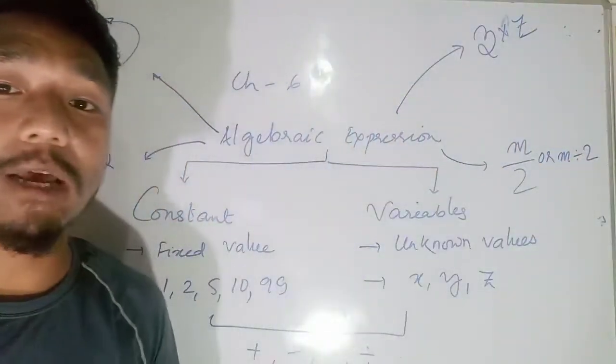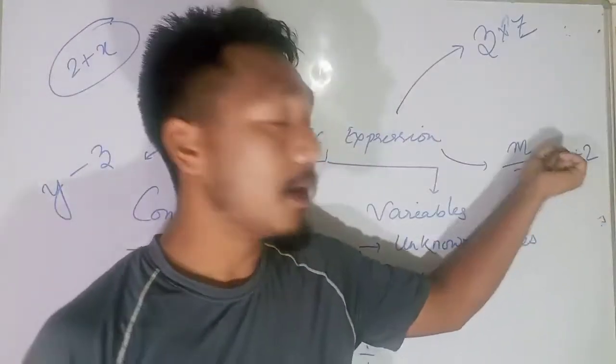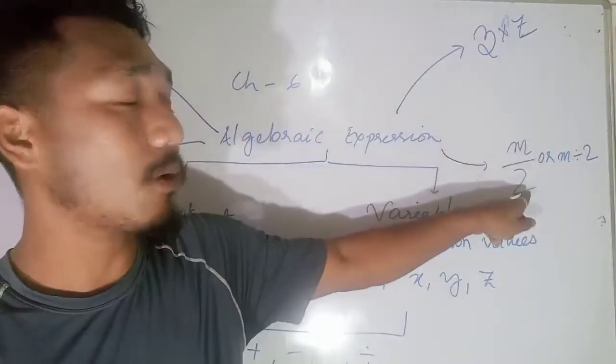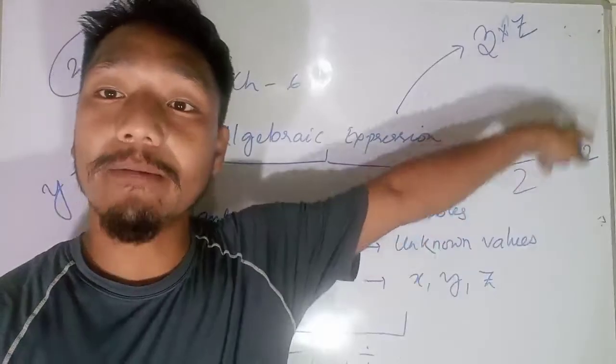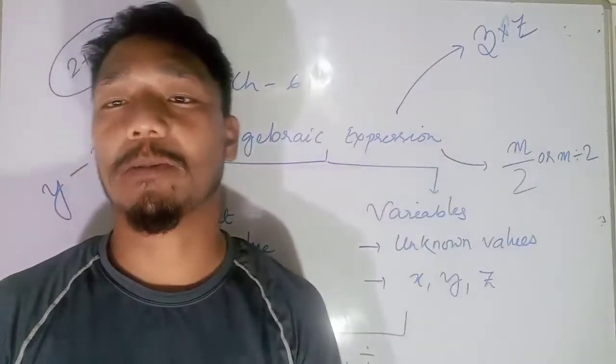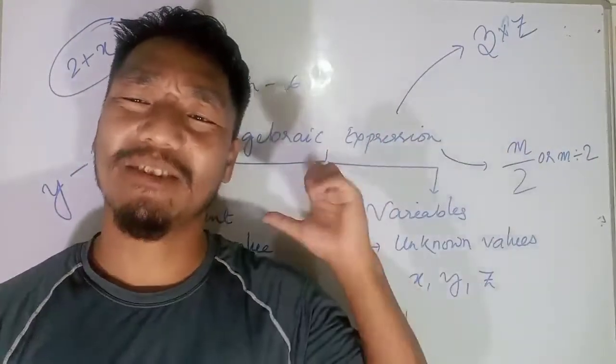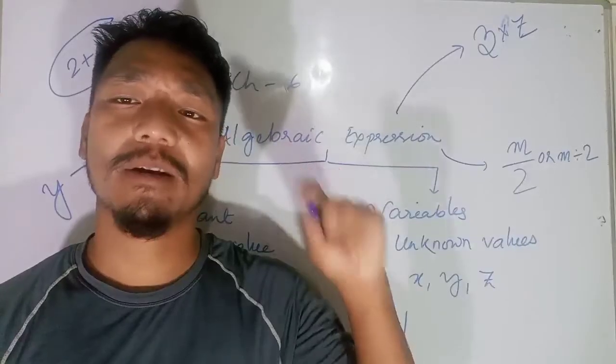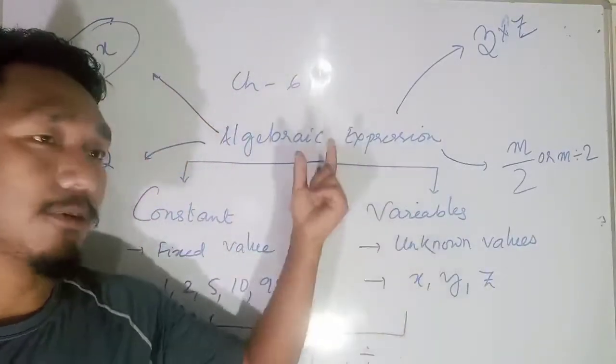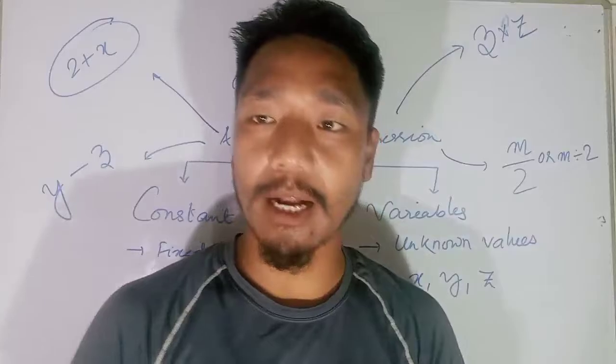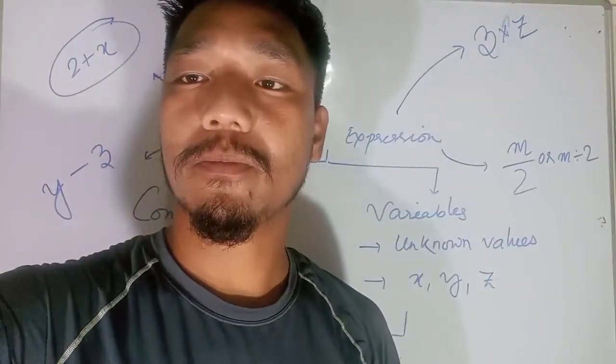One is a variable, another is a constant. They are connected by division. So such types of expression we call an algebraic expression. Clear about this one? I think you're clear about what algebraic expressions are.